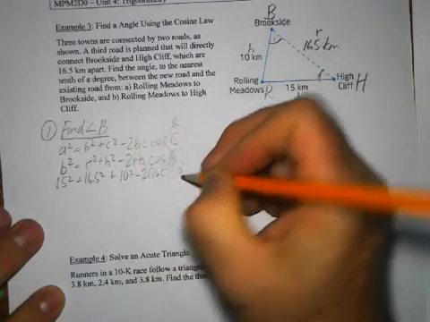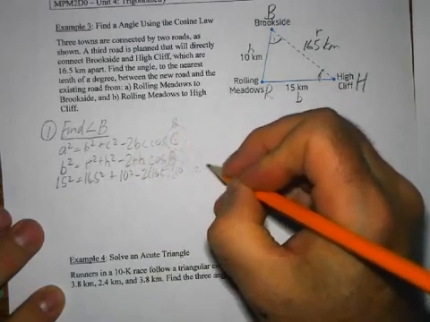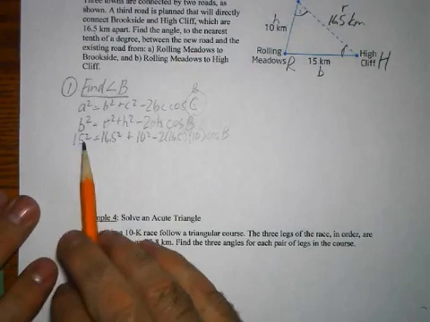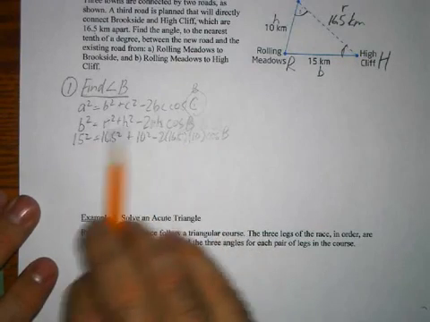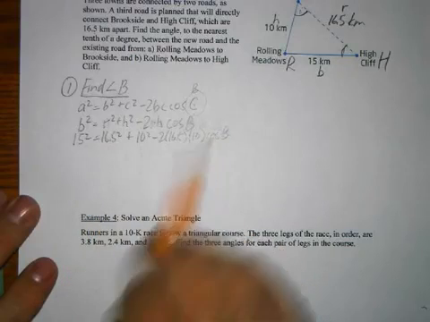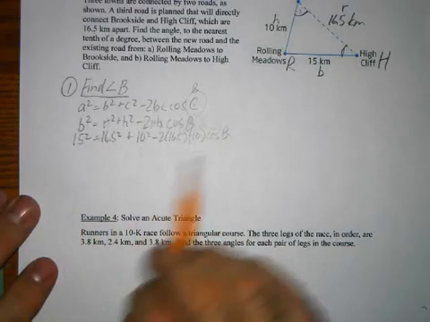times cosine B. Now you notice when we do the cosine law this time, the other times we've used it, that was the unknown, so we just figured out what's over here, took the square root, and we solved for it. This is going to be a little trickier, because we actually have to figure out what B is.